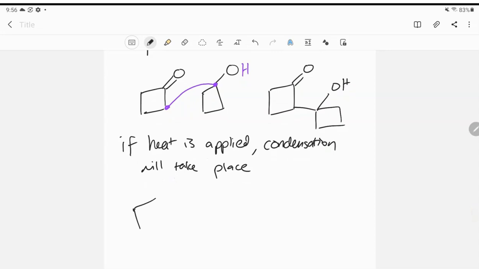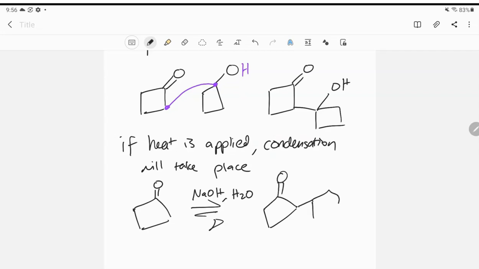If we do the same thing and heat it up, we're going to see that our first step is, these are the most terrible squares I've ever seen. There we go. First step is making the aldol.